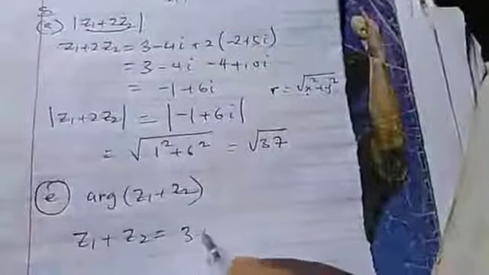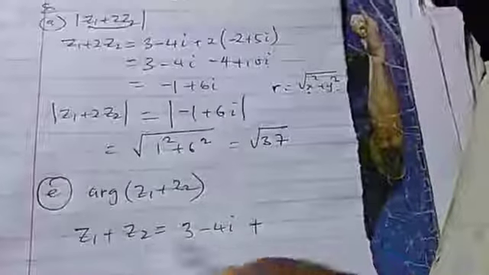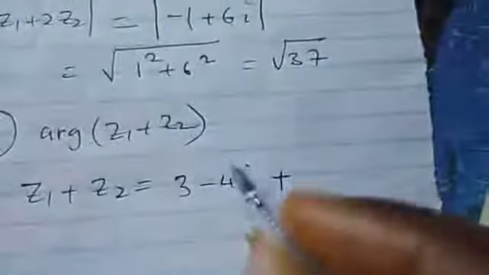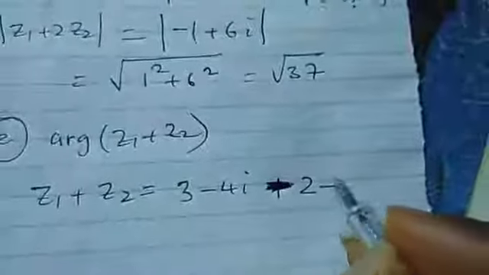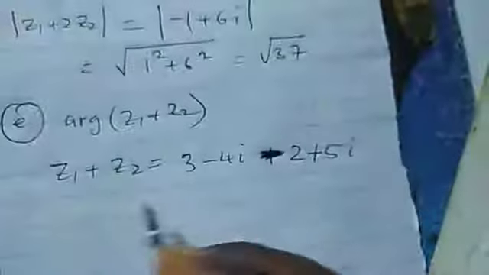arg of z1 plus z2. Now let us first find z1 plus z2. z1 is 3 minus 4i plus z2. Our z2 is minus 2 minus 5i. So this will just be, let's remove the plus, minus 2 plus 5i.